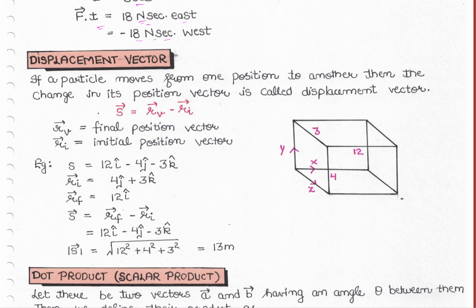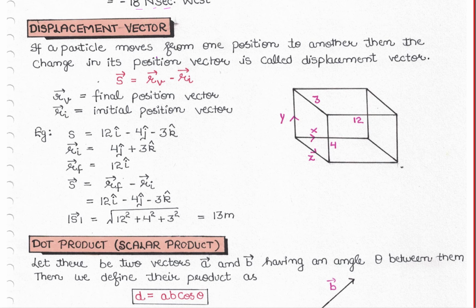Okay. Now what is displacement vector? If a particle moves from one position to another, then the change in its position vector is called displacement vector. That is S is equal to Rf minus Ri, where Rf is the final position vector and Ri is the initial position vector.